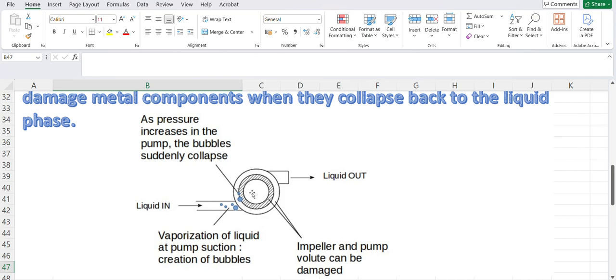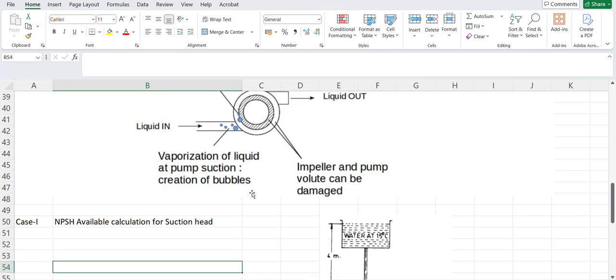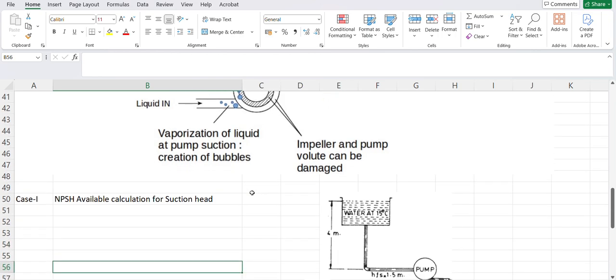Okay, so now I will explain how to calculate the NPSH available for different cases using Excel.